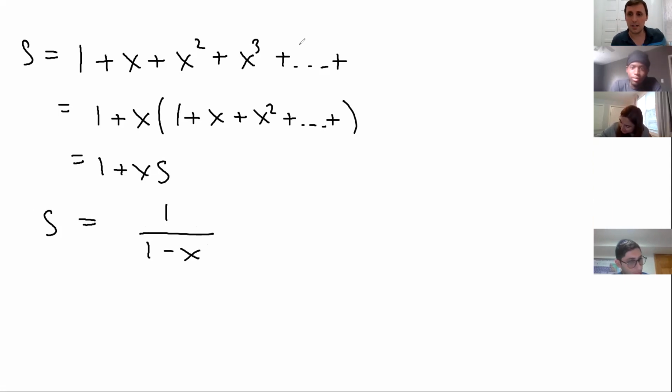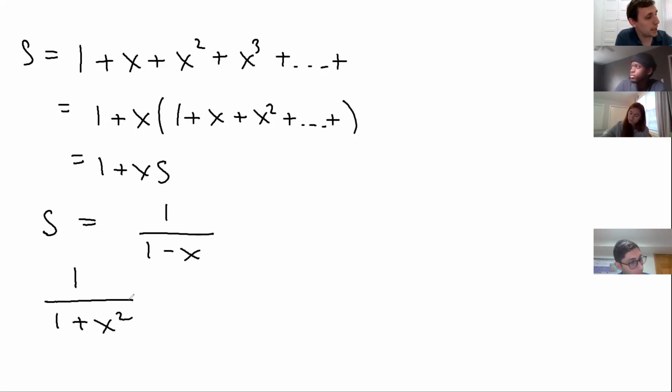So this is the infinite series, S. Look at what this means, guys: if I take 1 plus a number plus the number squared and so on, I get this. Now, can you tell me what this expression will be if I want 1 plus x squared?